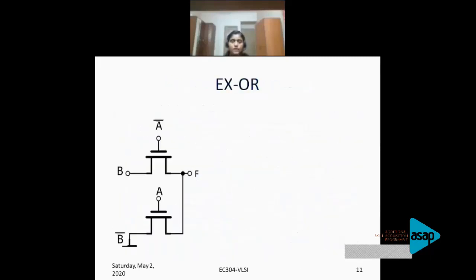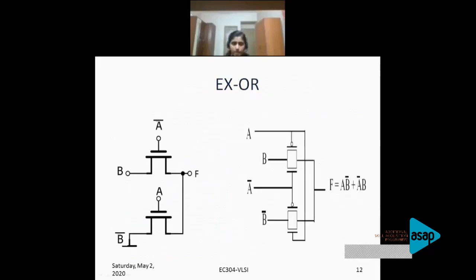Yes, what you have to do is, once you're thorough with implementing the logic function using pass transistors, you can easily implement it using a transmission gate. So this is an XOR function. For the XOR function, you draw the circuit diagram using pass transistors.